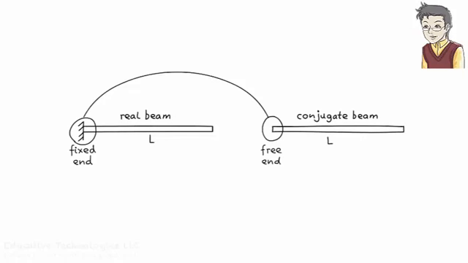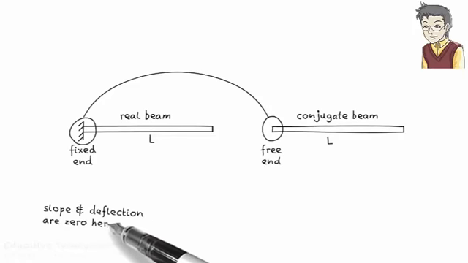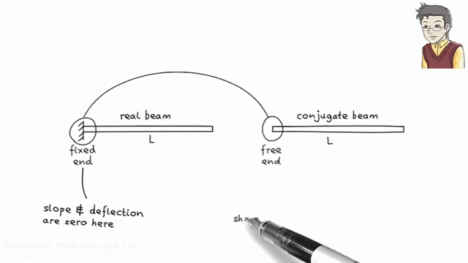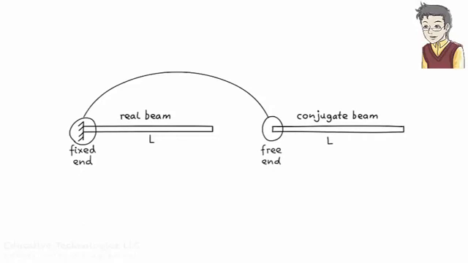Since slope and deflection at the fixed end of a real beam are zero, then shear and moment at that end in the conjugate beam must also be zero. The only end condition that produces zero shear and zero moment is a free end. That is, there is no shear or moment at the free end of the beam. Therefore, the conjugate beam must have a free end where the real beam is fixed. What if the real beam has a free end?